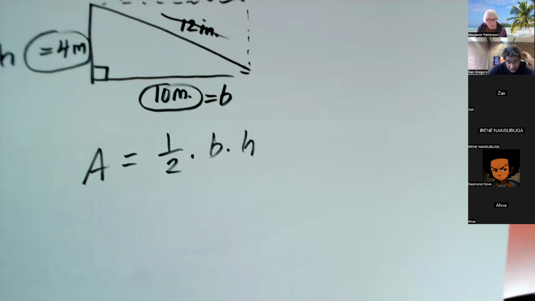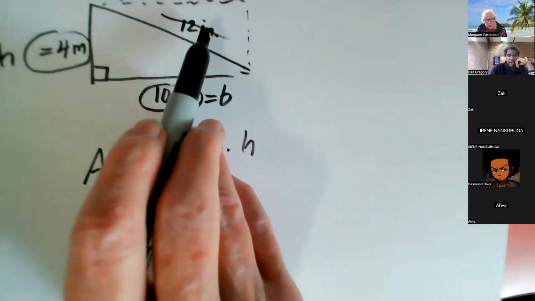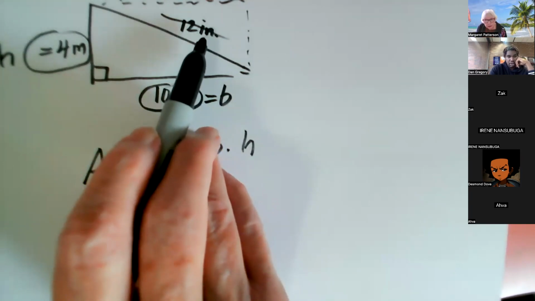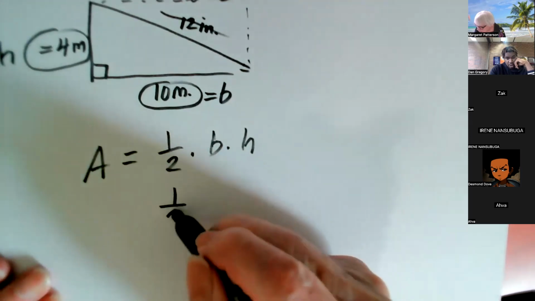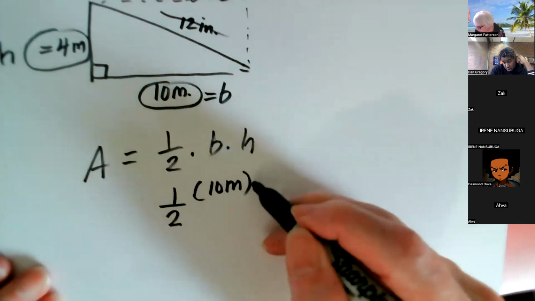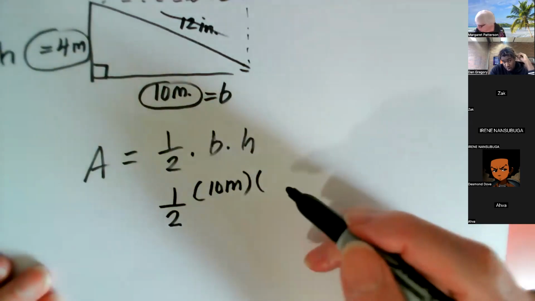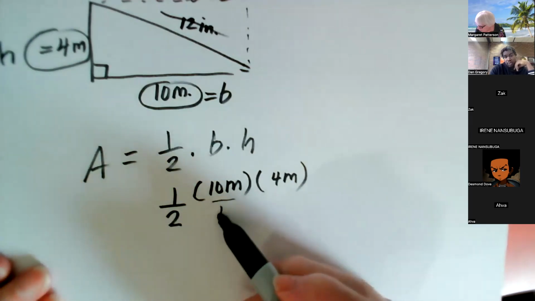Nobody cares. The formula doesn't need it, and so don't be tricked into using a number that's not part of what's needed. So this would be 1/2. The base was 10 meters. The height in our case was 4 meters. So you said 20?